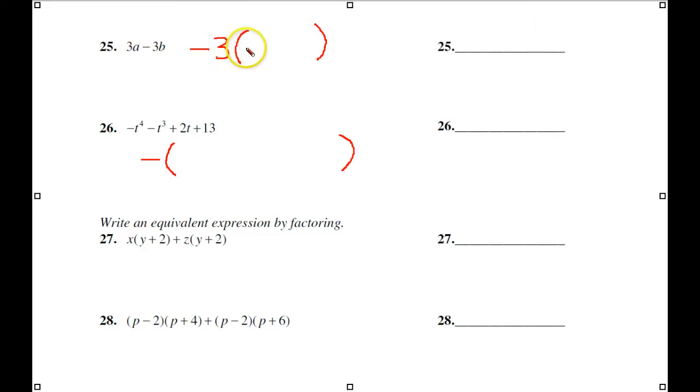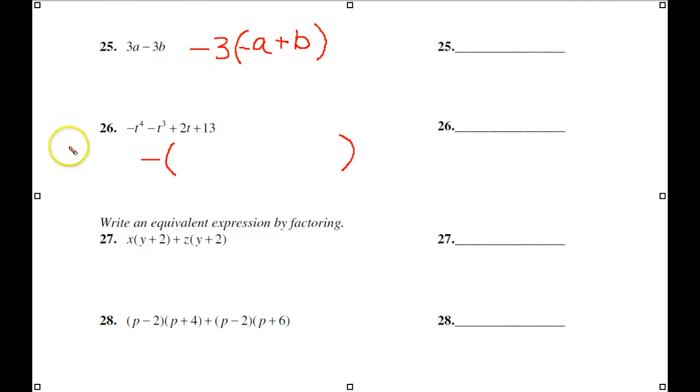So this is going to be a negative A, and this is going to be a positive B that's left. Now notice if you distribute, you get here a positive 3A, and here you get a negative 3B. So you've taken out a negative from each of these and a common factor.